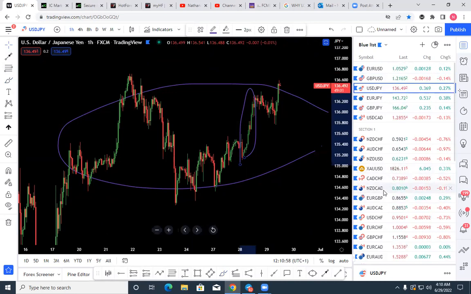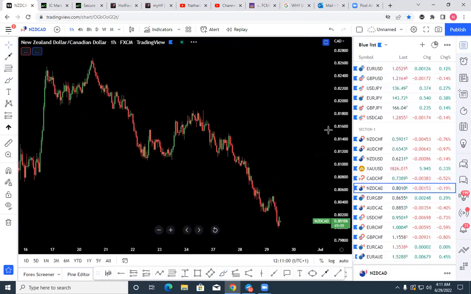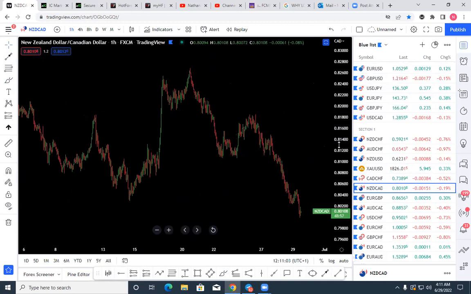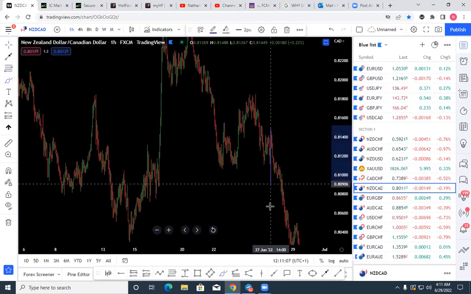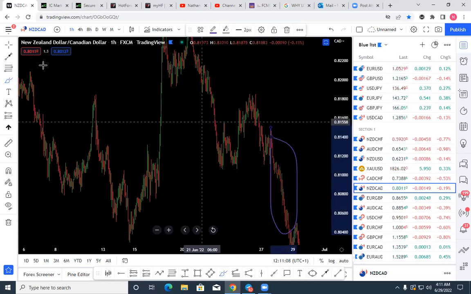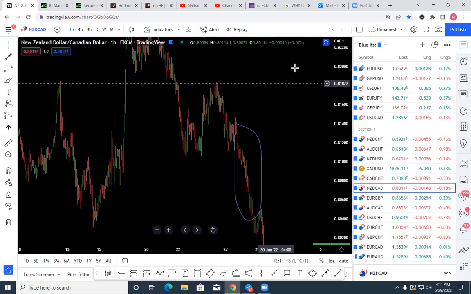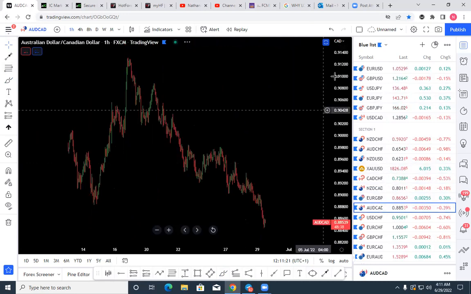Let's look at any non-USD related pair. When that move was happening, guys, on DXY, this move was happening on NZD CAD. Can you see? So it is a sign that volume has been introduced to the market when you see movement on DXY.